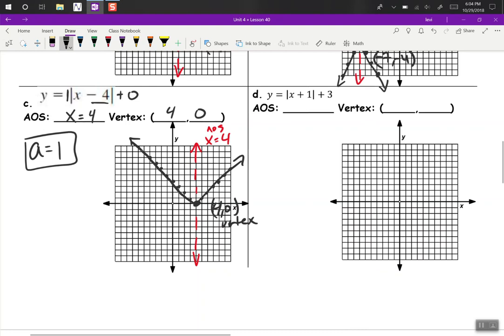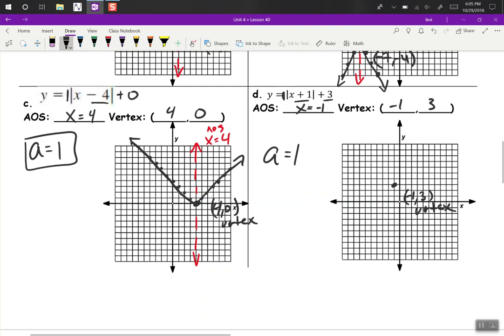Our next one, our vertex is at -1, 3, the opposite of what's inside there, so our axis of symmetry is x equals -1. Our A value, A is 1 here as well. There's an invisible 1 right there. So we'll label our vertex -1, 3 right here. -1, 3 the vertex.